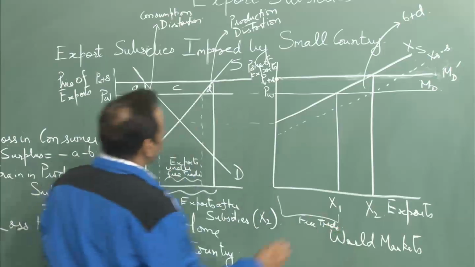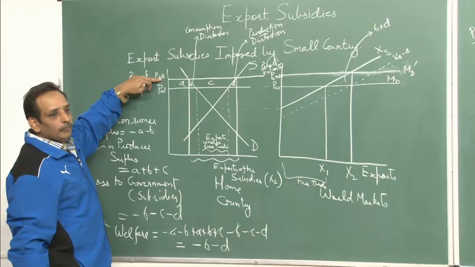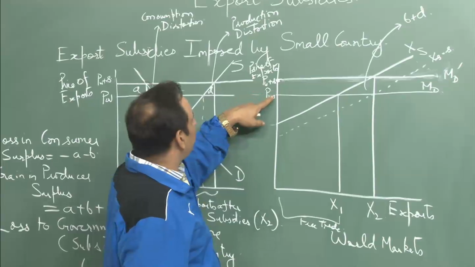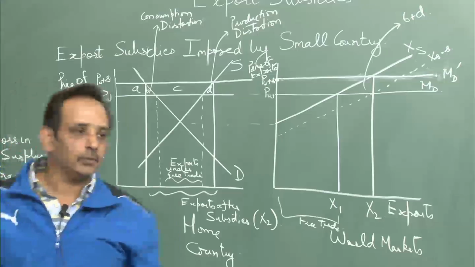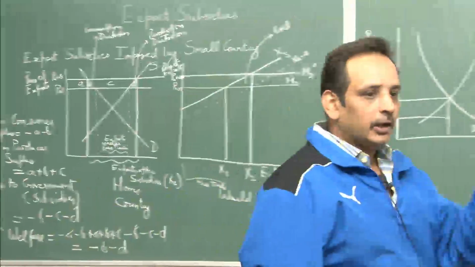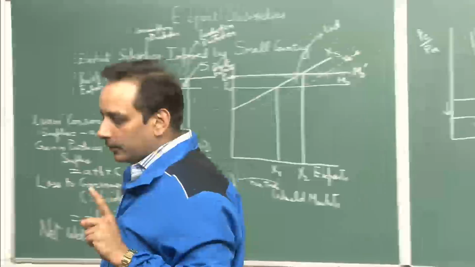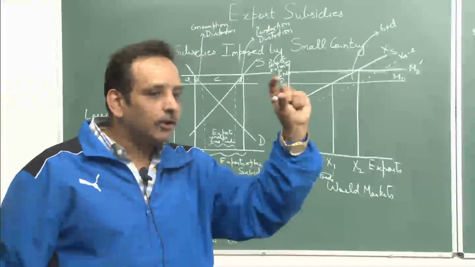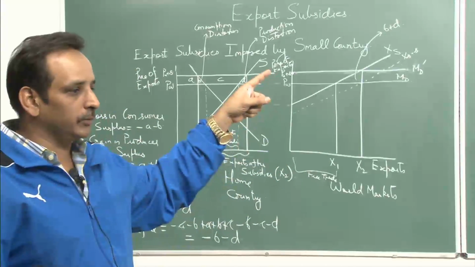When export subsidies are given, the domestic price of that export good goes up. But the people who buy the product buy it at PW, not PW plus S. It's like tariffs. Remember, when tariffs are imposed, the price of the domestic good goes up and the tariffs accrue to the government, but the foreign suppliers get a price net of tariffs, because tariff revenues go to the government.